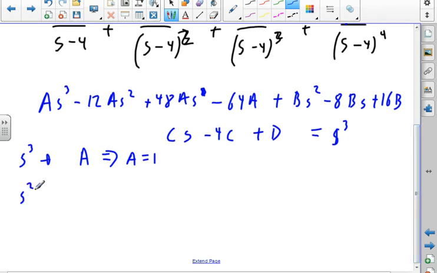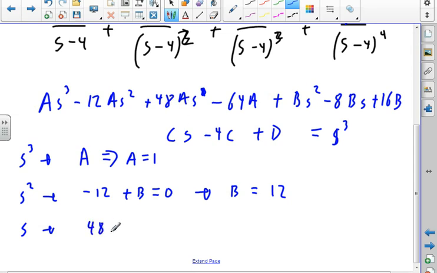I look at the s squared guy, minus 12, because a is 1, plus b is equal to 0, implying that b is 12. I look at the s term, and I see 48a.